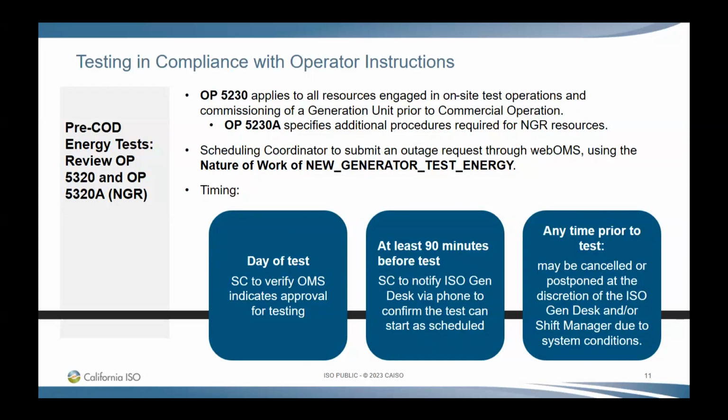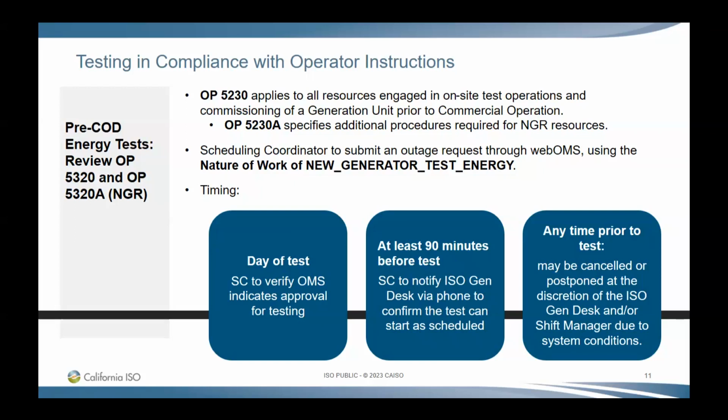So when submitting an outage for this pre-COD energy test in WebOMS, the scheduling coordinator should use the nature of work selection of new_generator_test_energy.